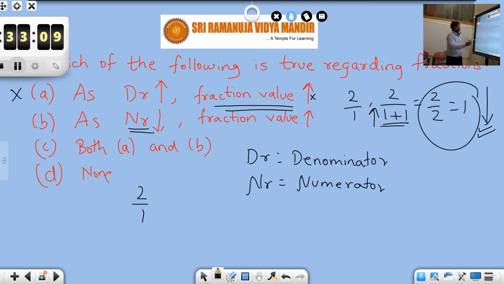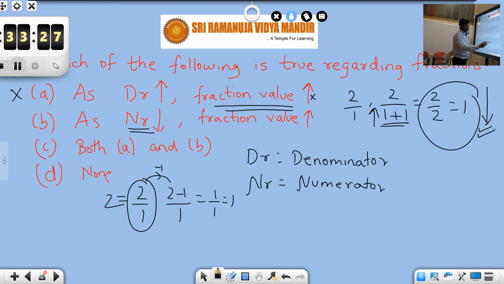Let's decrease the numerator by 1, keeping the denominator constant. If we decrease this by 1, we get 1 by 1, this is 1. So what is happening to this value? Initially it is 2, finally it is 1. This is decreasing, right?